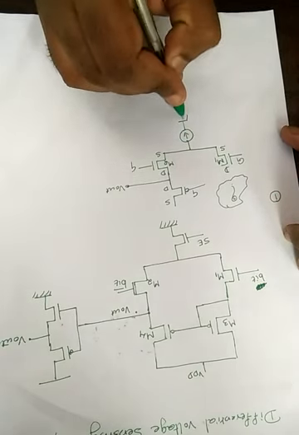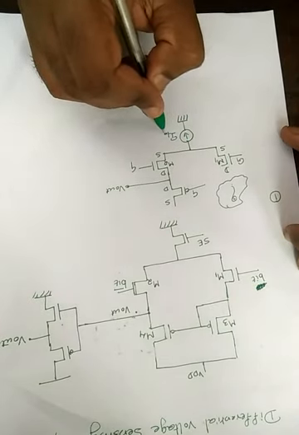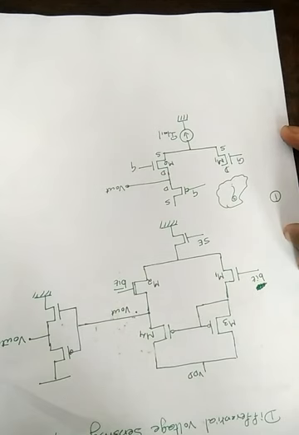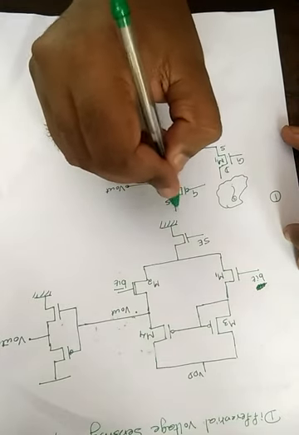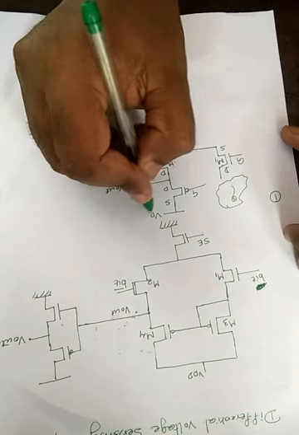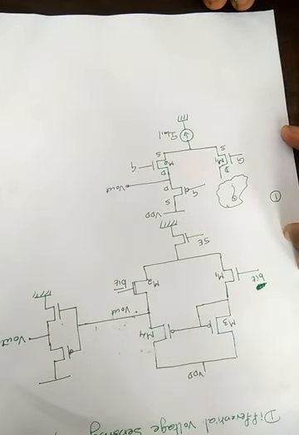I am naming this current source as I tail or tail current. This is the circuit that we are going to analyze first, and this terminal is obviously connected to this VDD. So we have taken this much part, we have removed this transistor by a tail current.